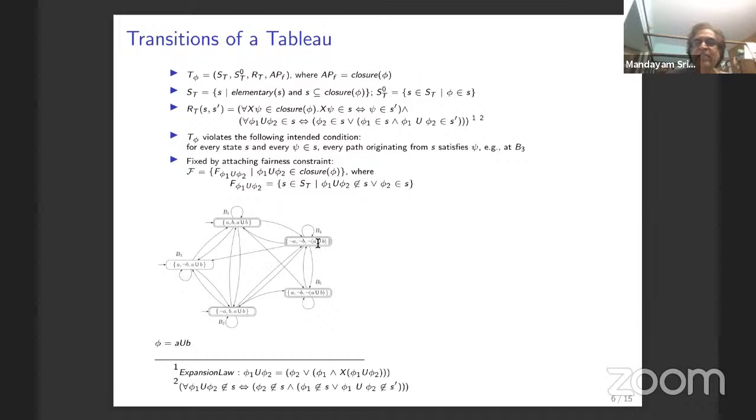Or you can go back and forth between B1 and B4, or you can continuously loop in B1. They are all infinite paths that satisfy phi. In order to account for all of those, that's why you also include B4 in your fairness constraint. B4 and B5 are the two states which contain not phi.